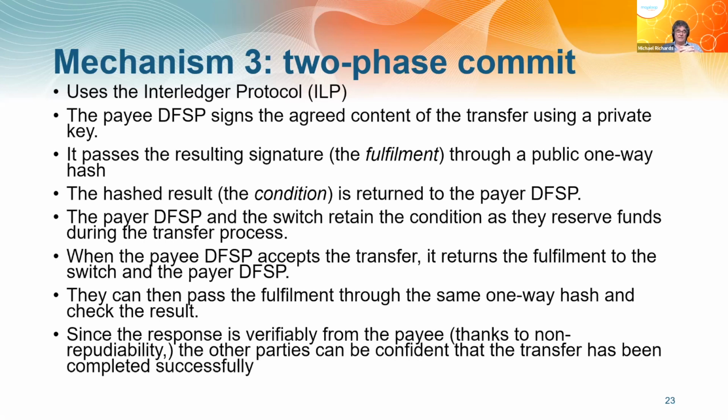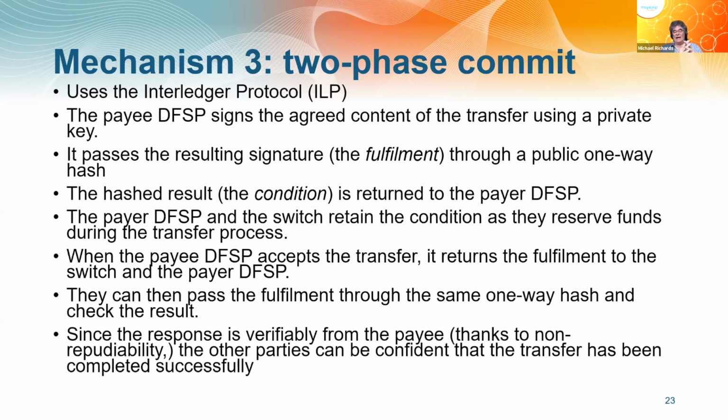The payee DFSP signs the agreed terms of the transfer, and it uses its private key to do that. It gets the signature, which is called a fulfillment, and it puts it through a public one-way hash. And the hashed result, which we call a condition, is what's returned to the payer DFSP.